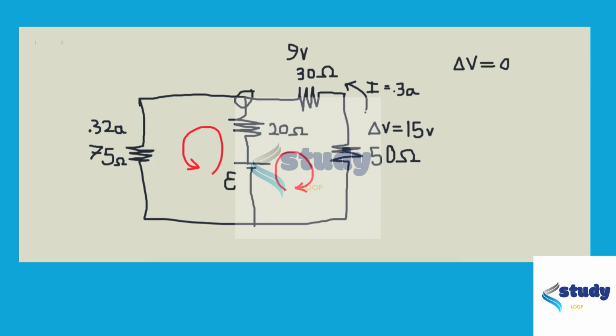And that's just dividing 24 volts by 75 ohms. So anyway, we can say, okay, this 0.32 amps, that's what's going around here. And then we have this 0.3 amps going around there. They're going to combine here, and we have 0.62 amps coming down the 20 ohm resistor.